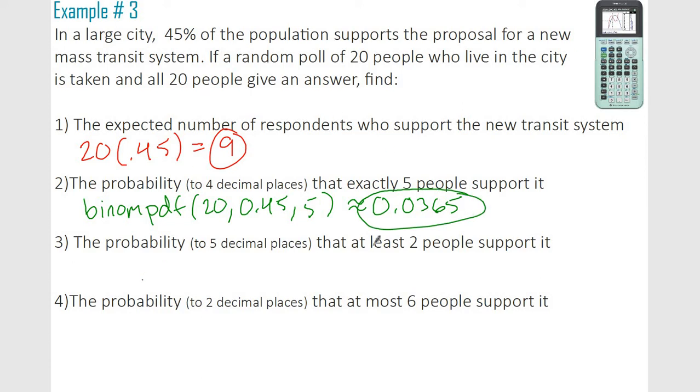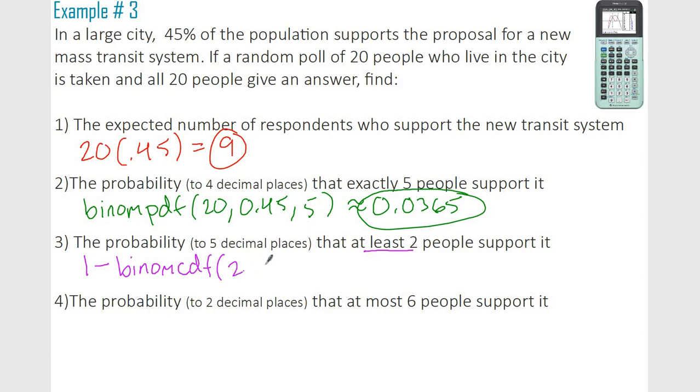Next one, that at least 2, so it could be more. All right, so it's easier to do subtraction there, so I would do 1 minus the binomial CDF, and I'm going to subtract the probability of it being less than or equal to 1.